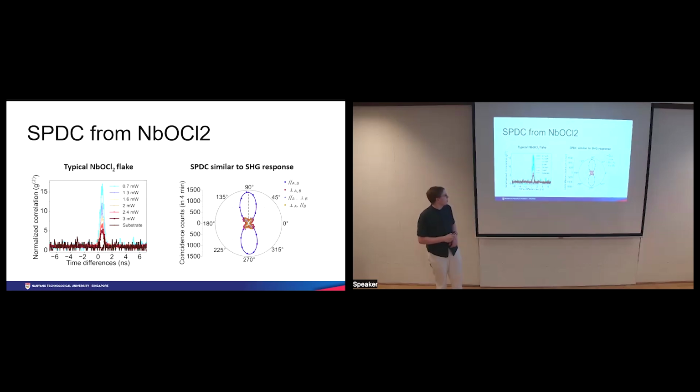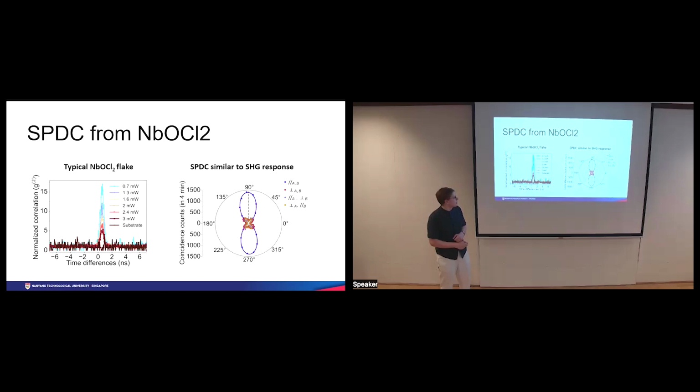This is just the basic down conversion from a big slab of MbOCl. When we measure power dependence, the coincidences show the characteristic signal to noise ratio decreasing with increased pump power.